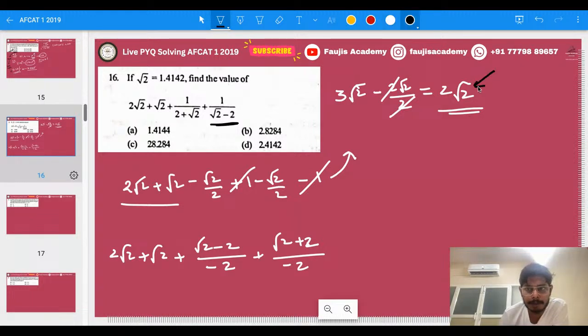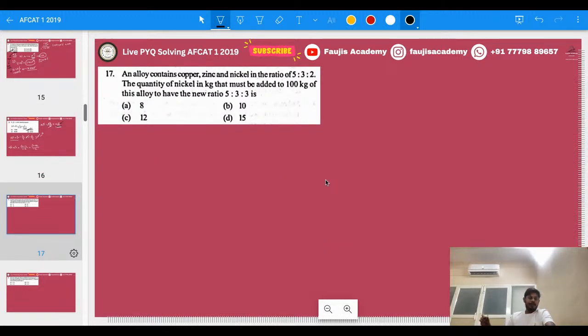Okay, this value is 1.414. So 2 into 1.414, this one will be the answer. All right. Shall we move? Shall we move, guys? Yeah, answer this one.